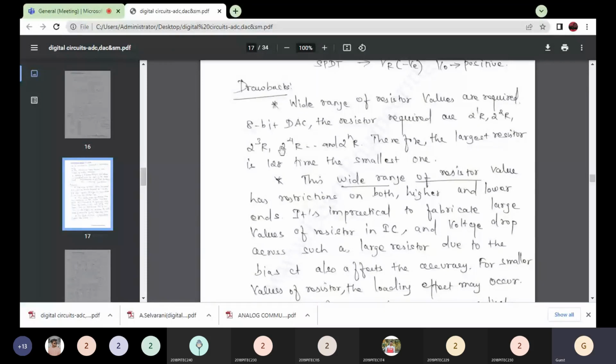So one end has a small value and the other end has a large value, which is impractical to fabricate in an IC.